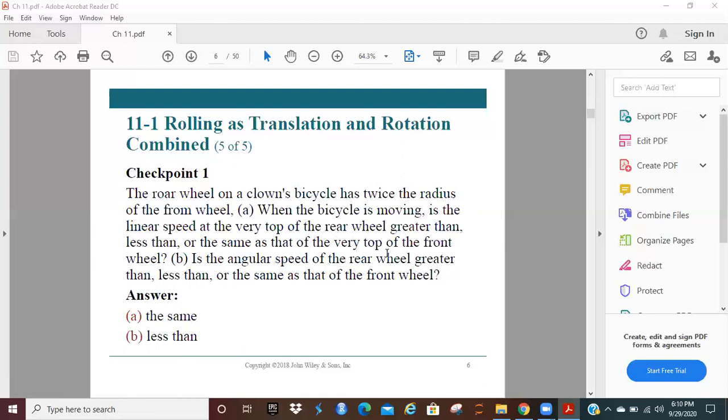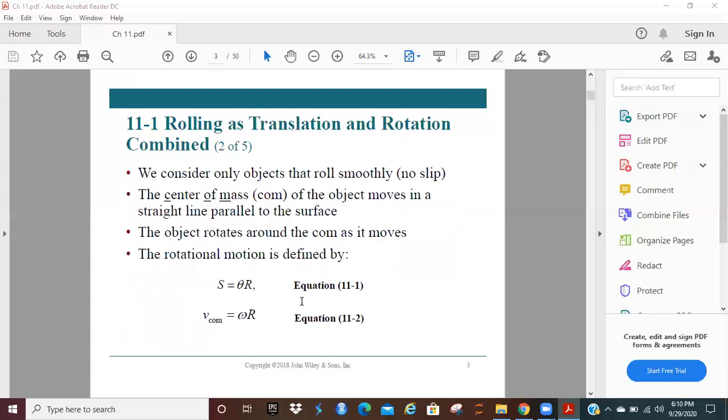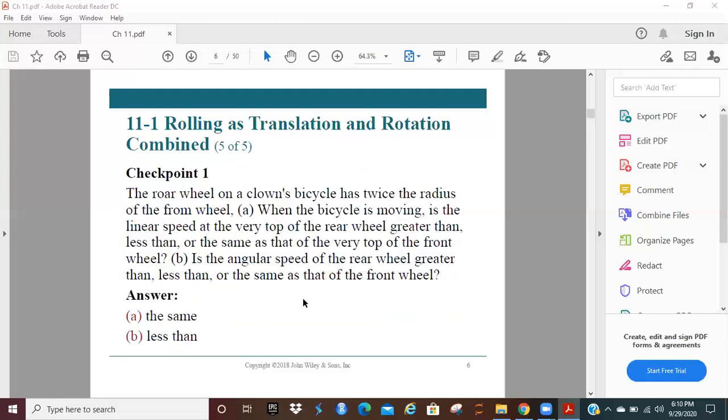Is the angular speed of the rear wheel greater than, less than, or the same as that of the front wheel? Again, remember that this has twice the radius of the front wheel. Remember that the angular speed times the radius is the same as the velocity of the center of mass.